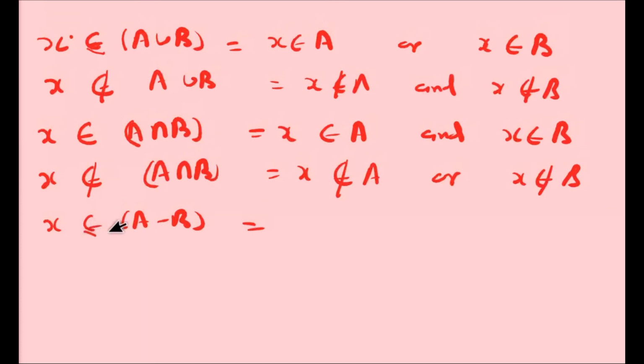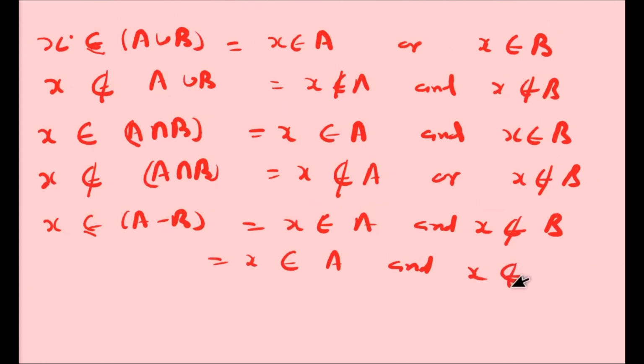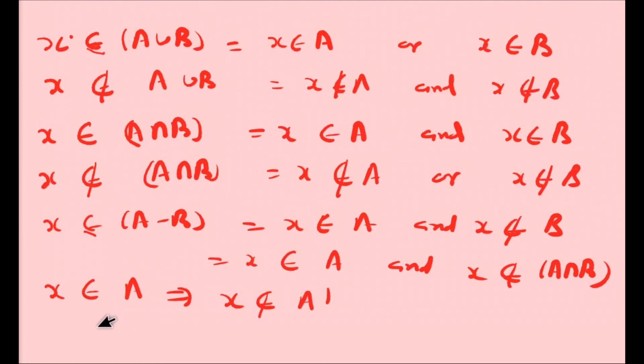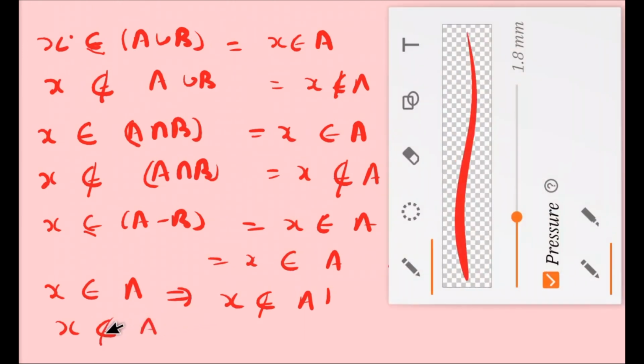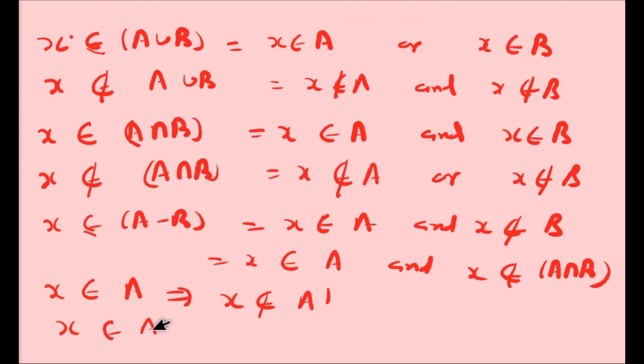We can say X belongs to only A and X should not belong to B. Or we can also say X belongs to A and X should not belong to A intersection B. Okay students, now X belongs to A dash tells that X does not belong to A. Are you understanding this logic? Go through this logic, these are the definitions.